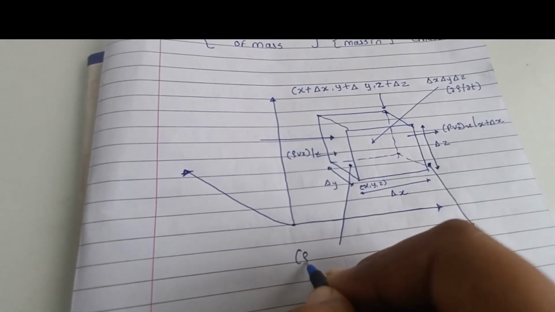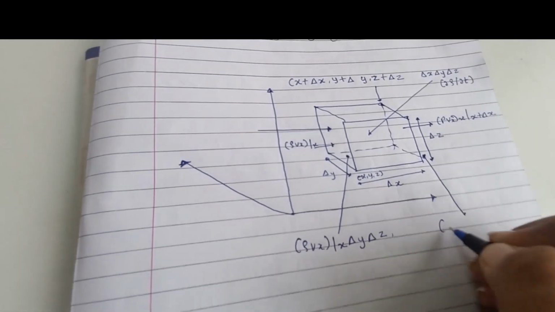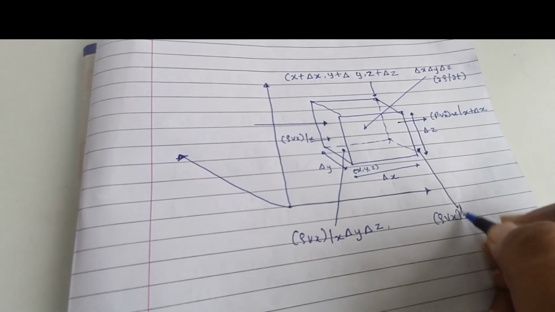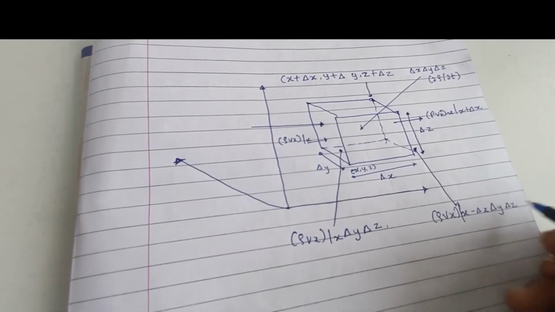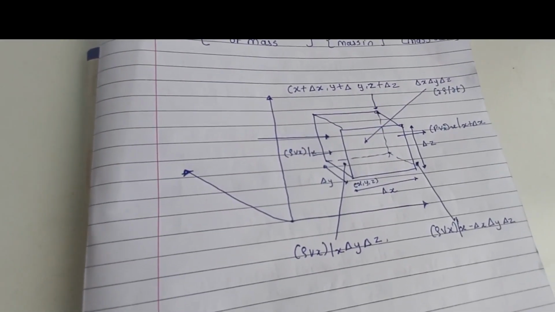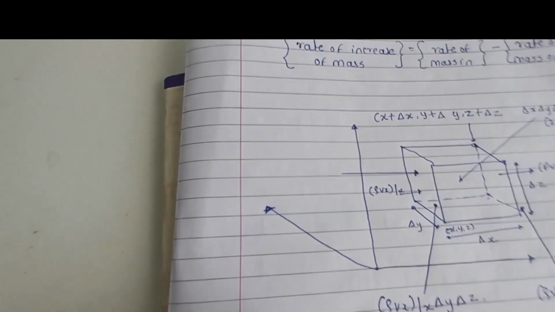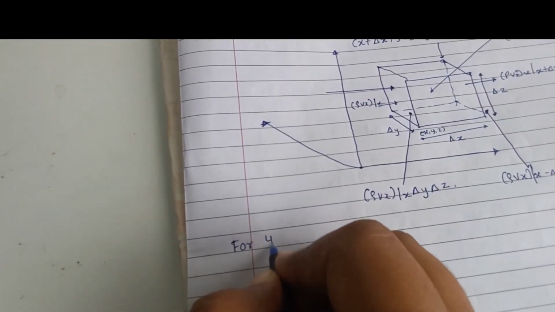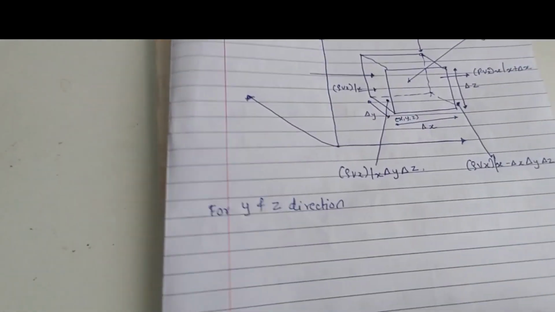Here the total rate of increase of mass is del rho upon del t, in kg per meter cube, into volume, in meter cube, that is kg per second if we multiply the terms together.